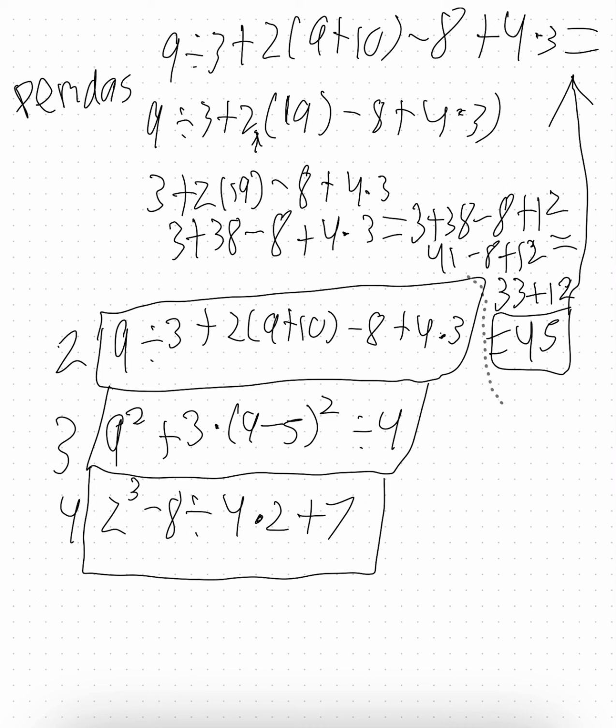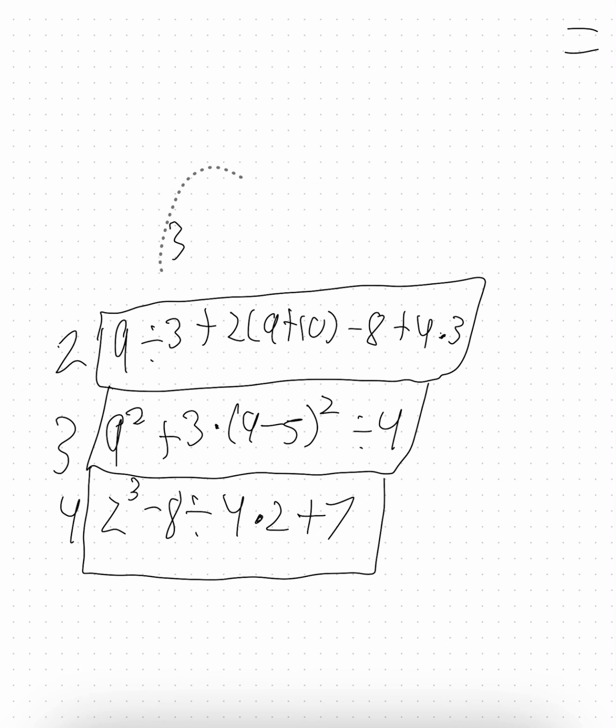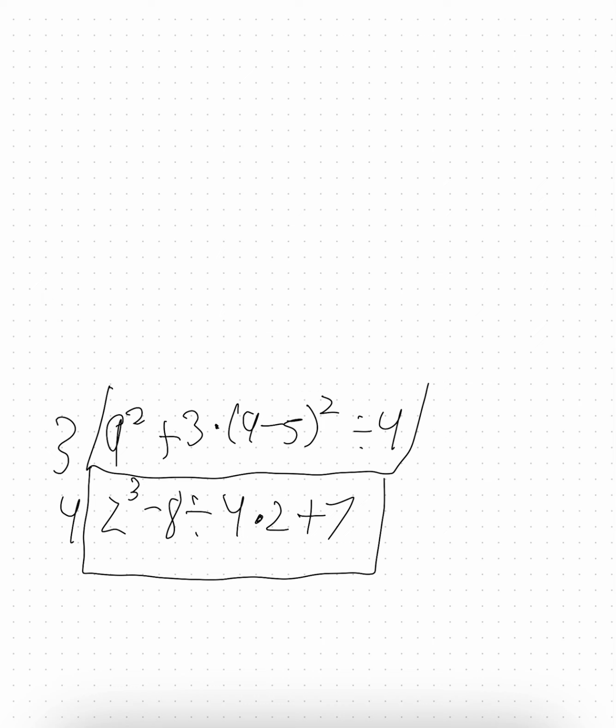We're almost done here. Now let's look at the next one. We have 9 to the second power plus 3 times 9 minus 5 to the second power divided by 4.